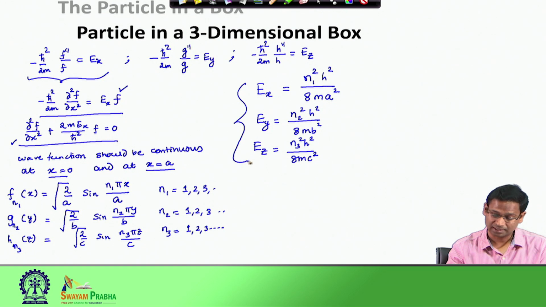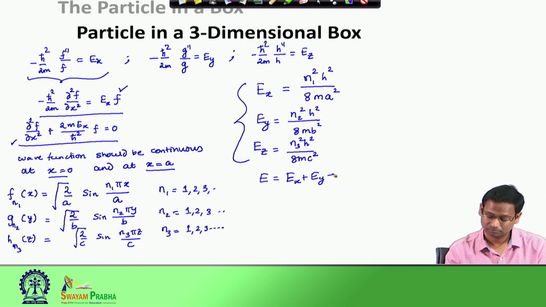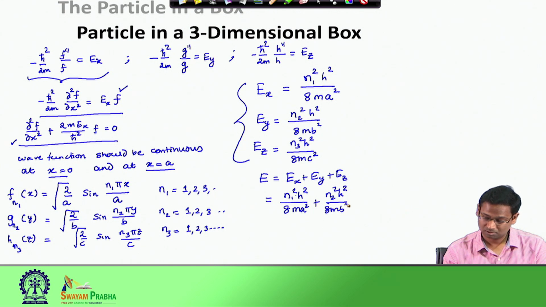The sum of the three, Ex plus Ey plus Ez, would be the total energy of the system, which is given as this expression with m c square.